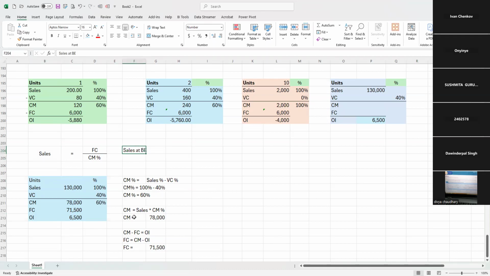Once I have fixed cost, now I can easily calculate my sales at the break-even point. Make sense? Fixed cost divided by contribution margin percentage. Do I have it? Yes.